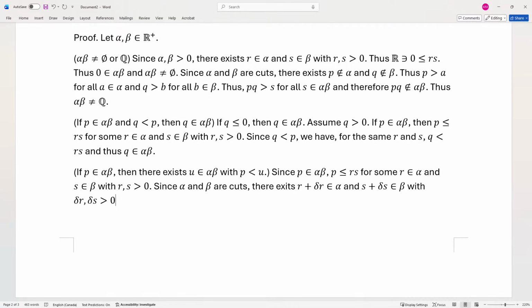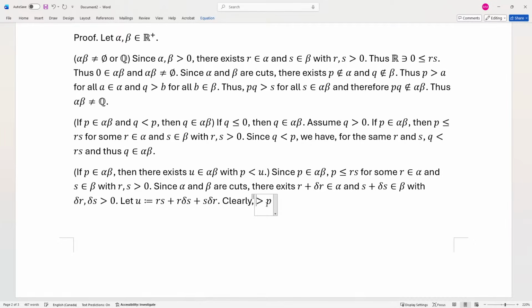Okay, so now let our U be R times S plus R delta S plus S delta R. That's it. That's our U. Clearly U is greater than P. That's what we wanted.